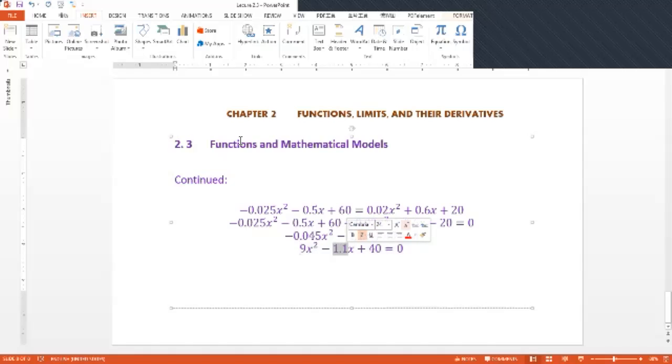And then when you multiply negative 200 by negative 1.1, you're going to get a positive 220. Now you multiply 40 by negative 200, that becomes negative 8,000, isn't it?